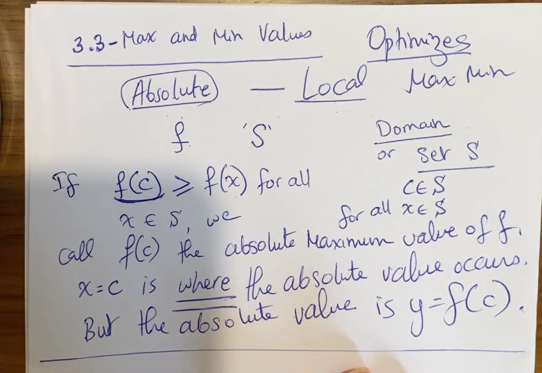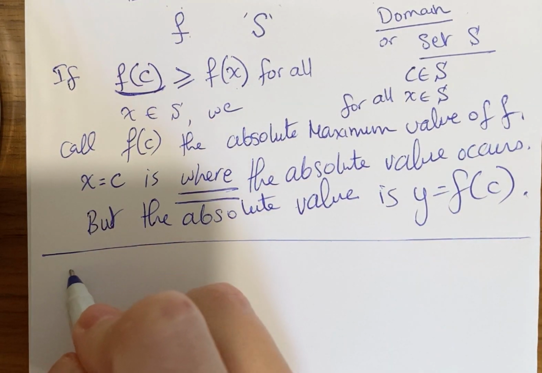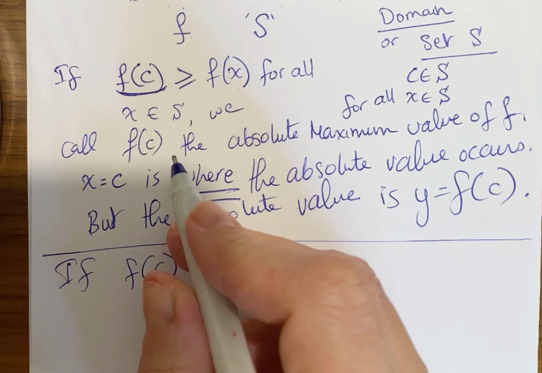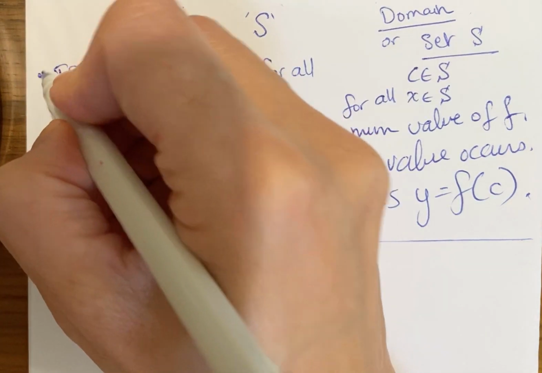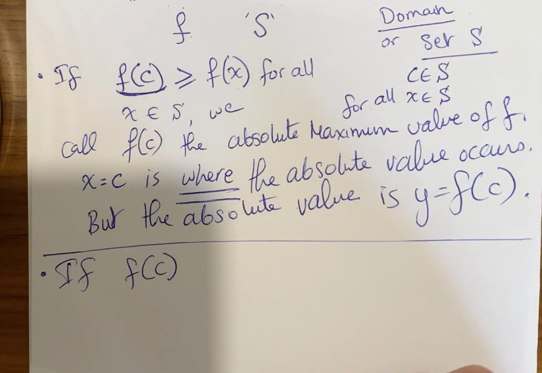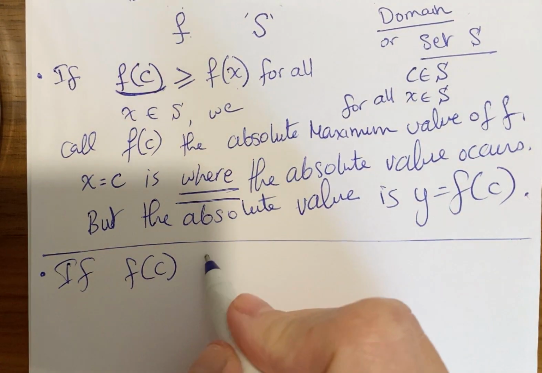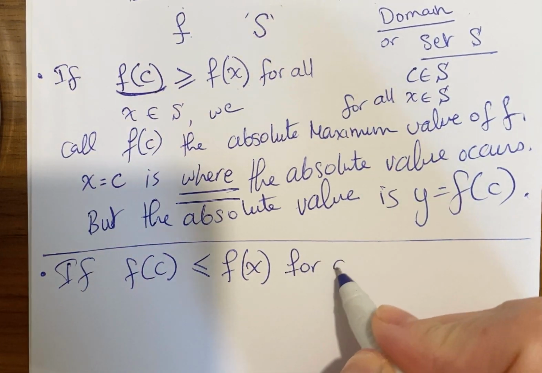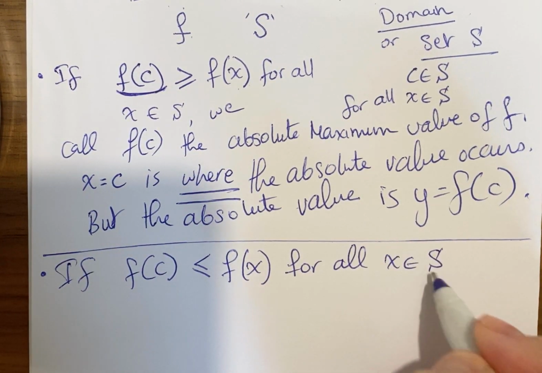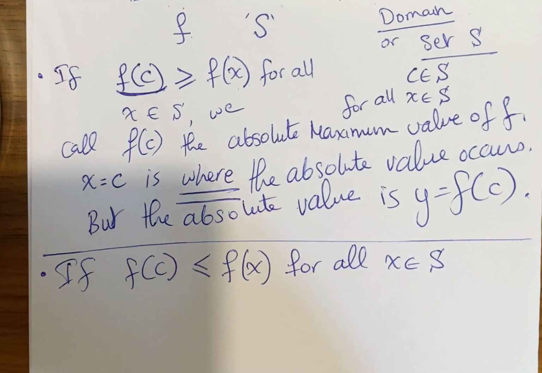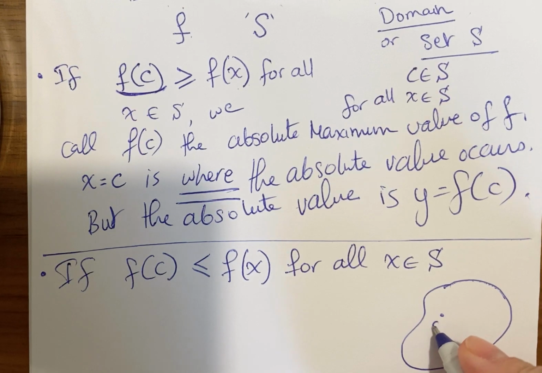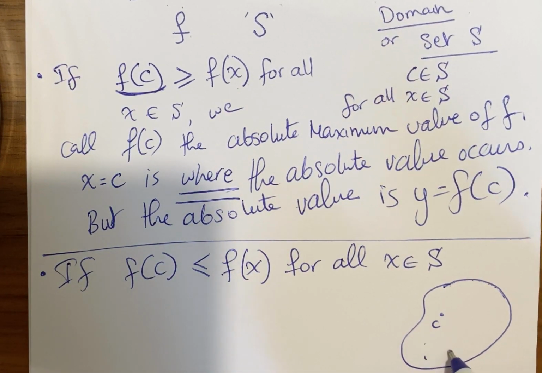Now, what do you imagine an absolute minimum is? If f of c, another c, not the same c. So those are definitions, right? We're saying when do we define f of c to be a max and when do we define it to be a min. If f of c is smaller than or equal to all function values at x belonging to S. So we have a set of numbers. There is one c in that set and there are different numbers.